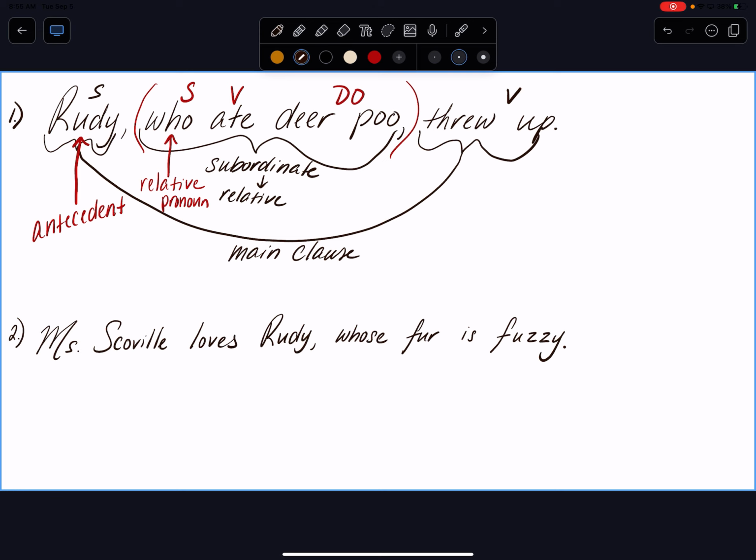Okay. Second example: Miss Scoville loves Rudy, whose fur is fuzzy. Are these all going to be about Rudy? Well, why not? It is confusing. That's why I thought of it.